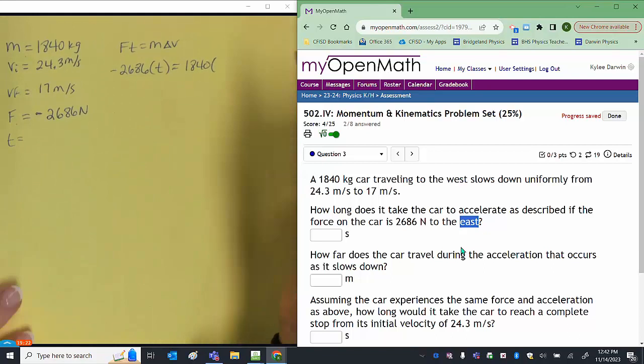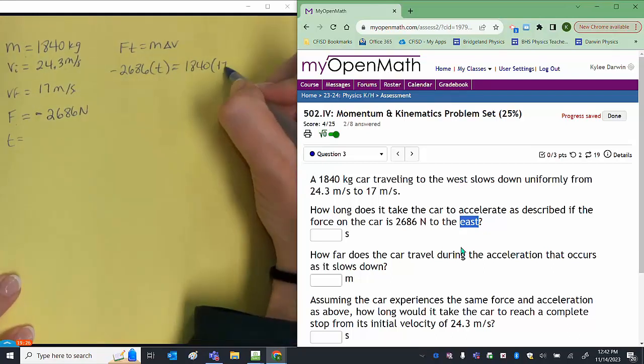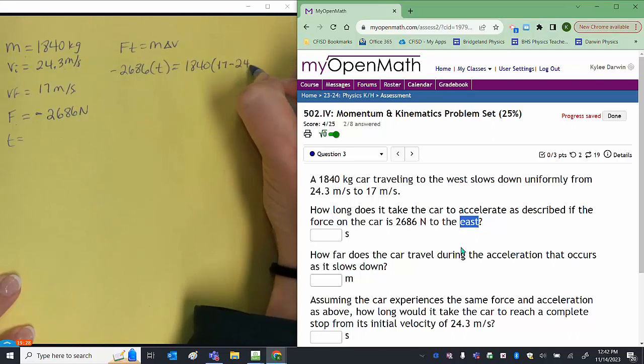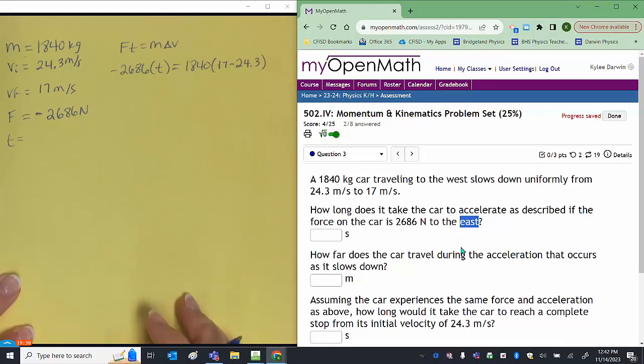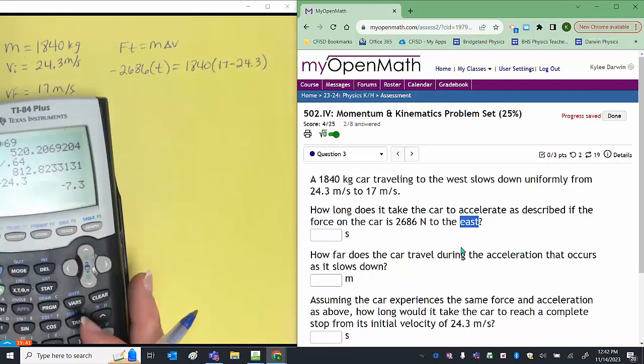And again, change in velocity is Vf minus Vi, which is 17 minus 24.3. So from here, let's go ahead and subtract 17 minus 24.3, and we get negative 7.3 for that.